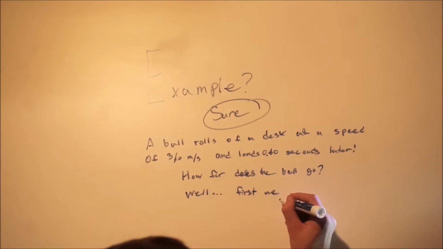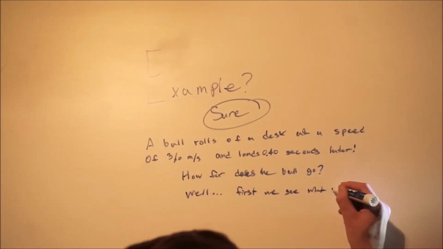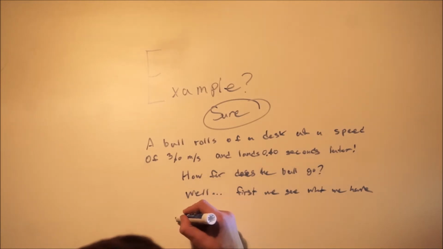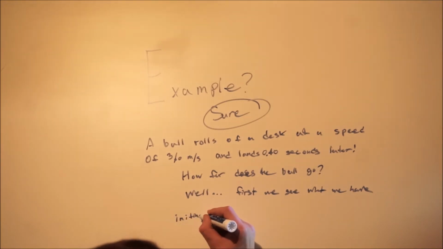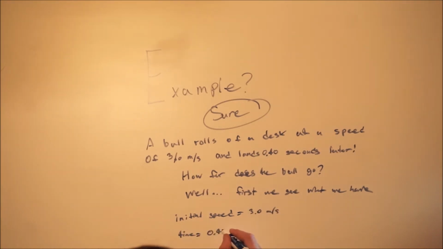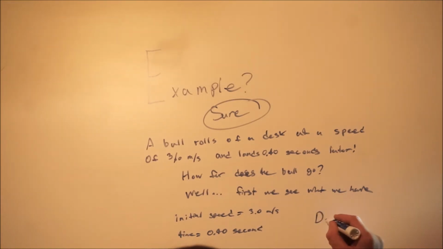Well, first we have to see what we have. And in this case, we have initial speed and time. So this one's an easy equation, so basically just pop in the formula and go. So t equals 0.4 seconds, and dix, which is the distance, which is the missing one, equals vix times t.